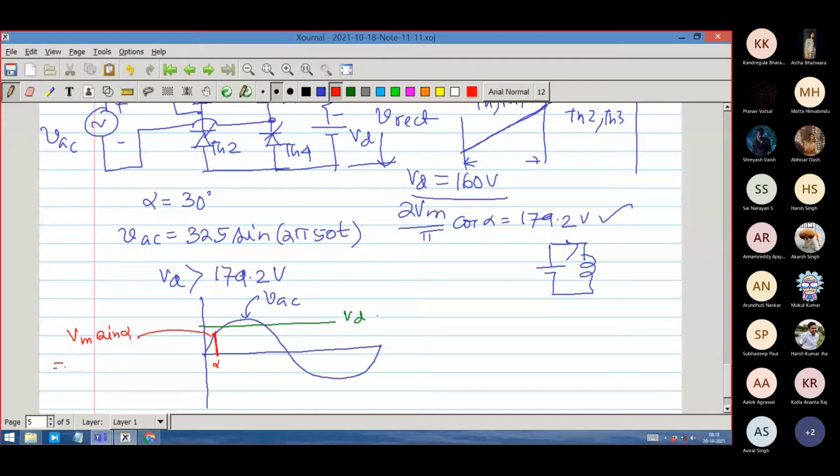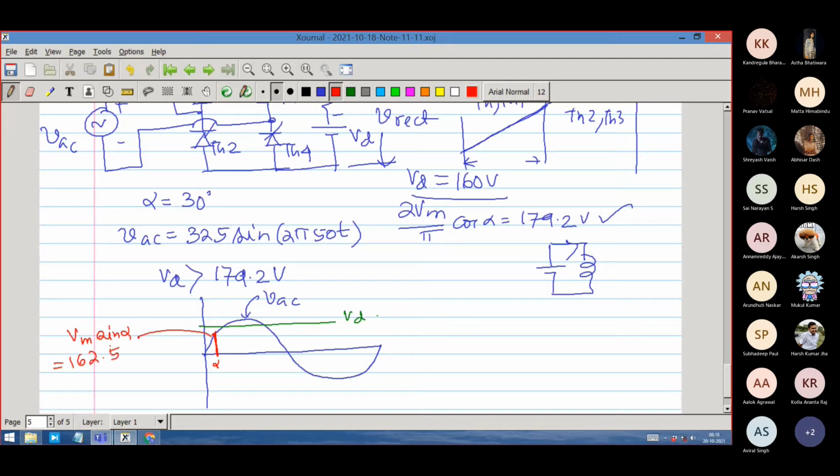So how much is that? Vm sin alpha is equal to 325 into sine of 30 degree. Sine of 30 degree is equal to 0.5, so 162.5.